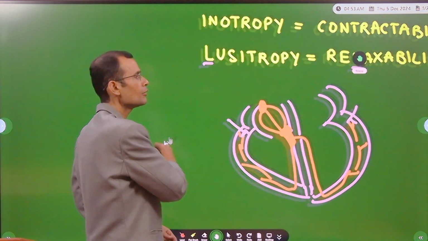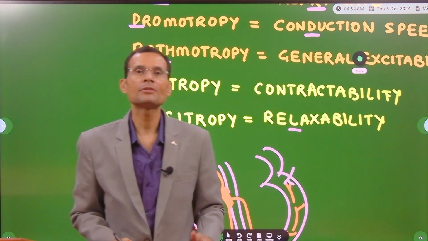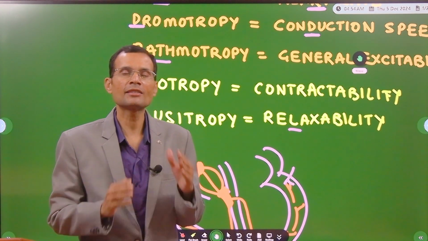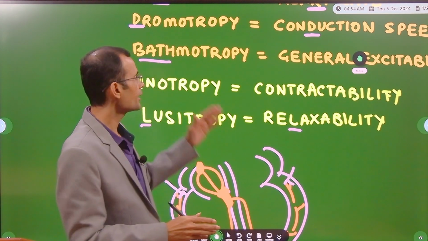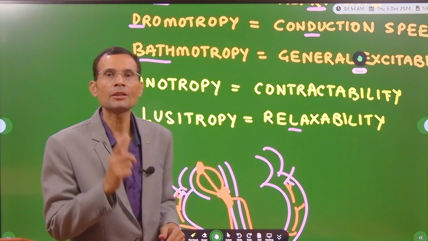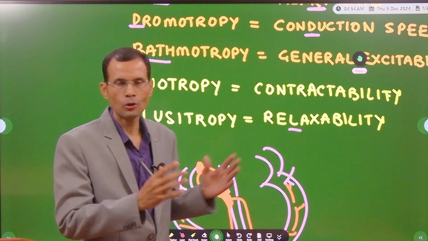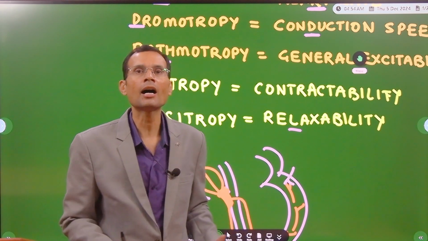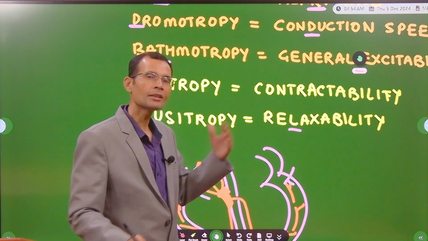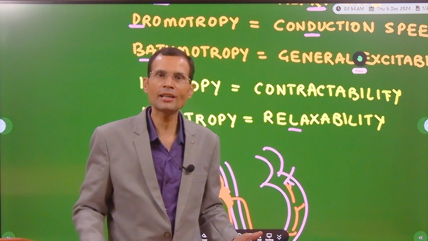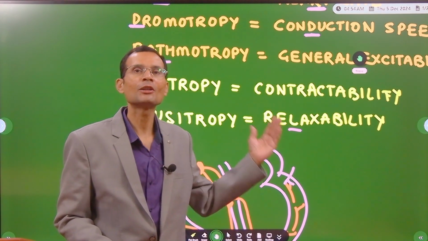So that was the answer to this MCQ. What you need to remember is that vagus innervates the conducting system and the atria, but not the ventricles. Sympathetic nerves innervate almost all subsections in the heart, and that's the difference between sympathetic nerves and vagus, and the answer was lusitropy.